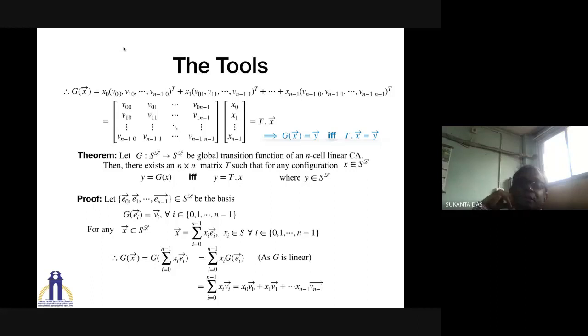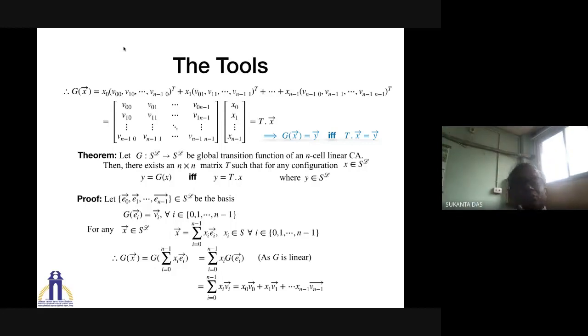Let me put it as a home task: show that the set of configurations S to the power L forms a vector space when G is a linear CA, right?